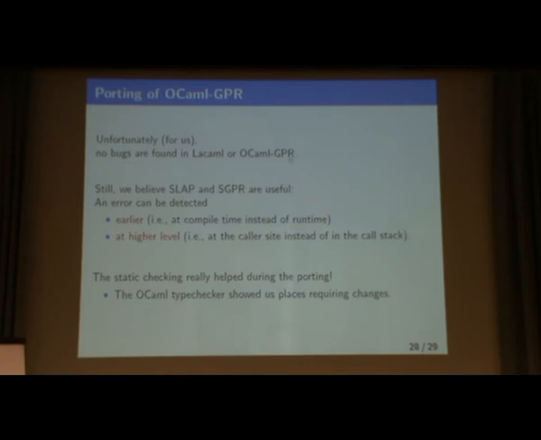And unfortunately for us, we couldn't find a bug in the original LLCaml implementation. It's well debugged in the first place. But we still believe that the static size checking is useful. Of course, conceptually, they can detect errors earlier and at a higher level.